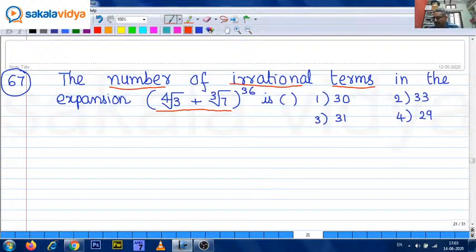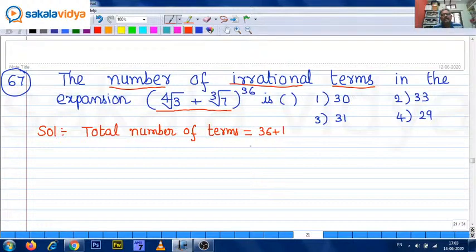Solution: the total number of terms in the expansion is, because it's a binomial, n plus 1, 36 plus 1 equals 37.